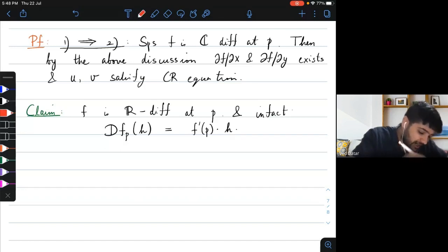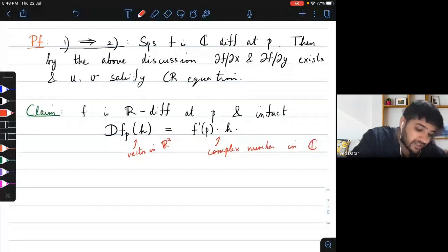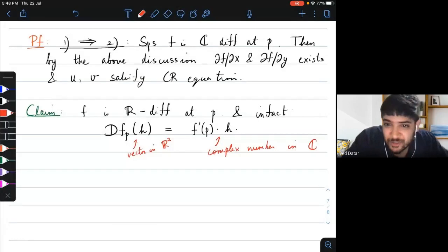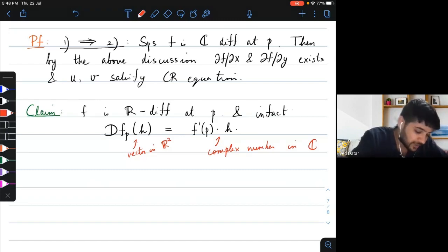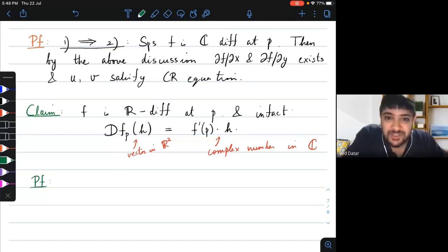Okay, so here this is a vector in R2, and this is a complex number in C. So I'm basically identifying vectors in R2 with complex numbers, I mean, with the complex plane. Okay, so that's how you should understand this equality. Okay, so let's prove this.